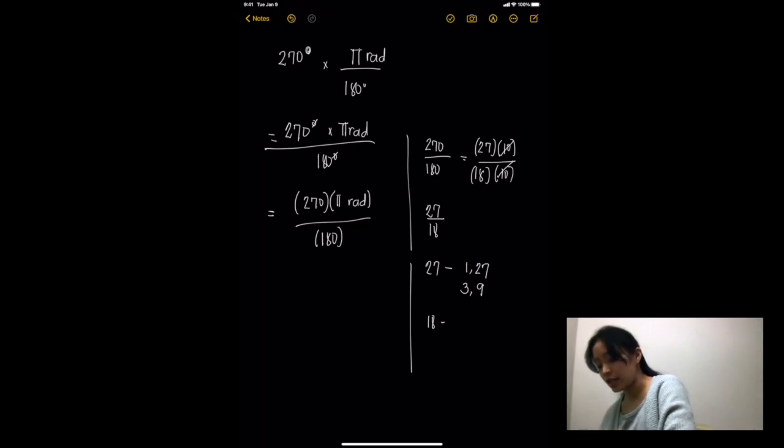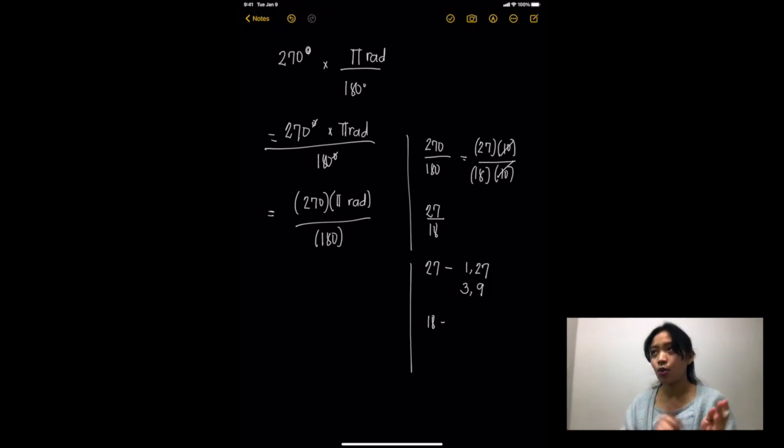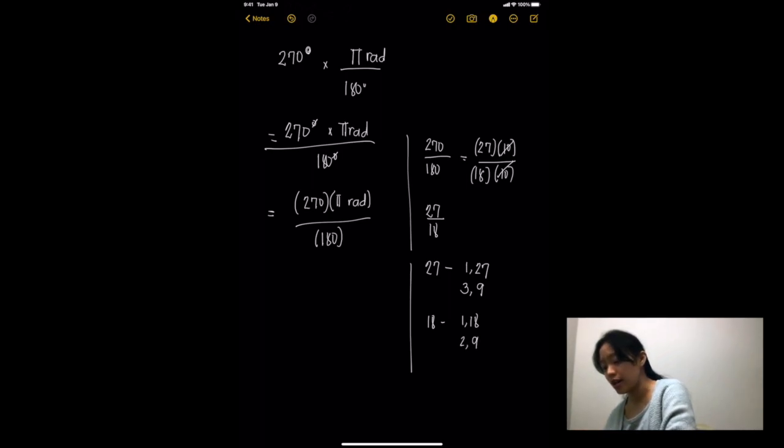The factors of 18 are, I'm starting from 1. If you notice, I'm starting from 1 to just 10 is okay, because I'm trying to get the prime factors of each of the components of our fraction. The factors of 18 would be 1 and 18, 2 and 9, 3 and 6.